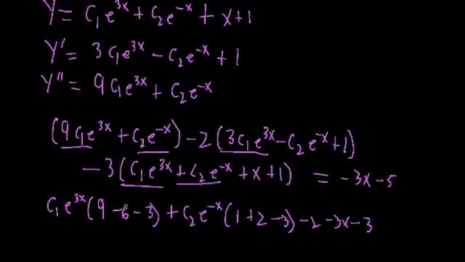Now, we can simplify this a bit. 9 minus 6 minus 3 is just 0. So we have this exponential times 0. Then we have 1 plus 2 minus 3, that's also 0. So these exponential terms cancel out, and we're left with minus 2 minus 3x minus 3, which is just negative 3x minus 5.